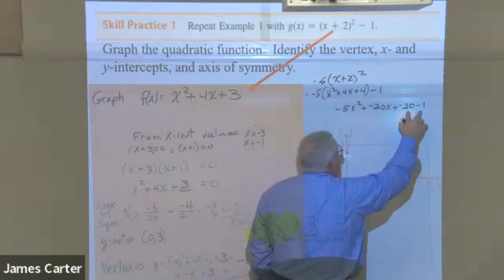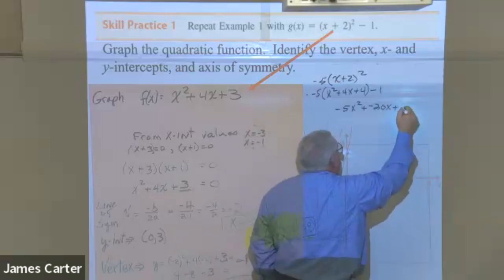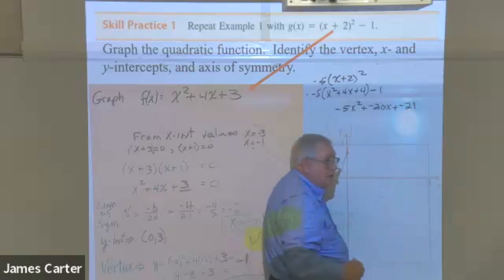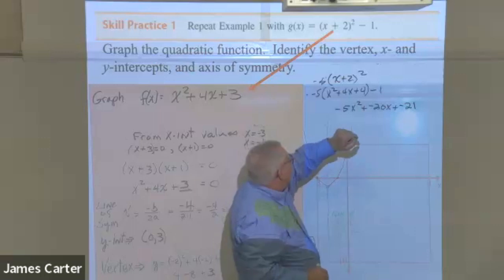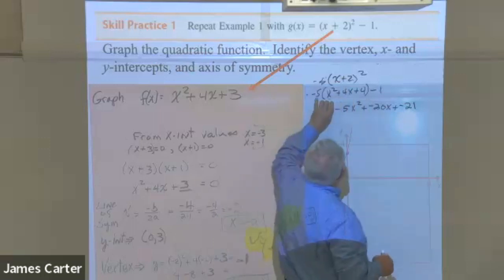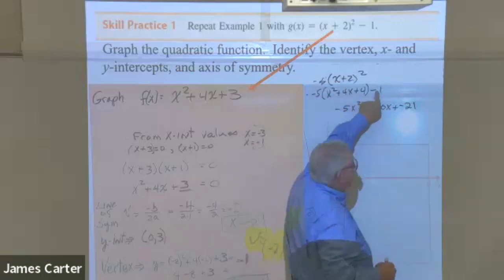And then you have to combine these two and get -21, if there were a -5 out front. The main thing I'm trying to show you here is it goes times this, but not that.